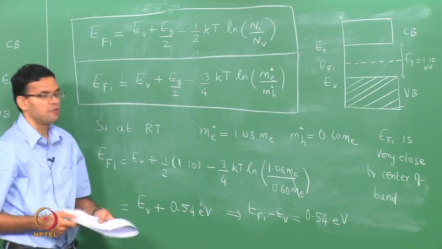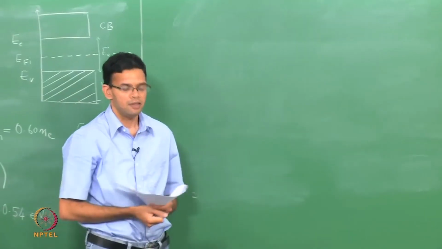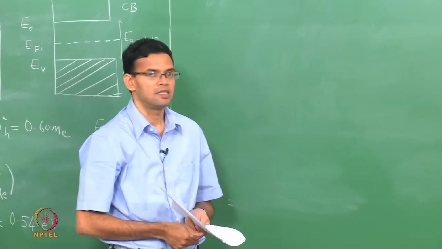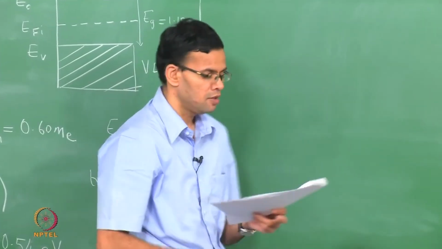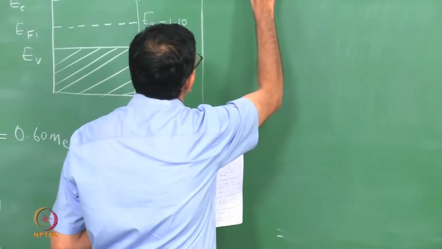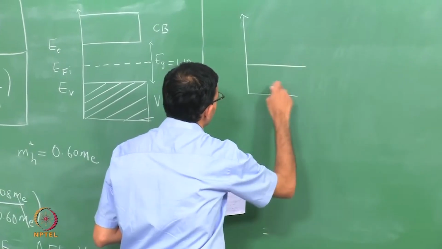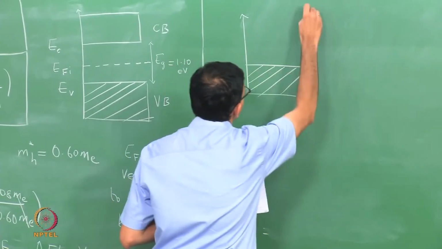So, what does this value for EFI mean? In the case of a metal, we defined Fermi energy as the line that separates the highest filled states and the lowest empty state. So, if you have a metal, we drew a band picture for a metal. This is your band.